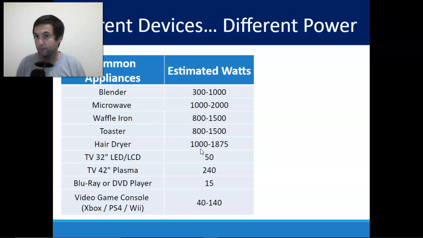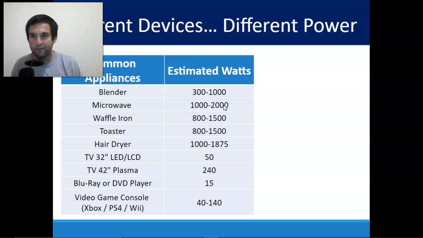And sometimes you could trip a breaker if you have too many devices plugged in on the same circuit, in which case you have to go out to the garage or wherever and flip that thing. So these are the estimated watts. A microwave on the low end is 1 kilowatt to 2 kilowatts.